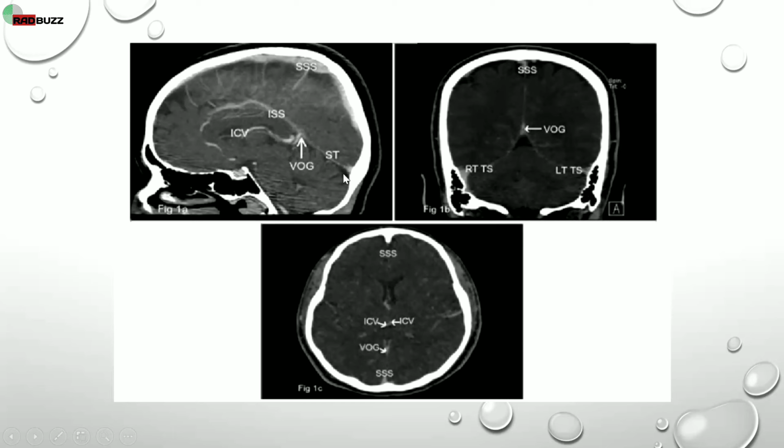These walk along the tentorium, the lining which divides the superior and inferior part of the brain. And then there's the vein of Galen, internal cerebral veins, and then the straight sinus. Straight is for its location, it's straight. Superior sagittal, inferior sagittal, vein of Galen. And then we have 2 transverse sinuses. The name tells us these are transverse in location, and then we have sigmoid sinuses below, which drain into the internal jugular vein.